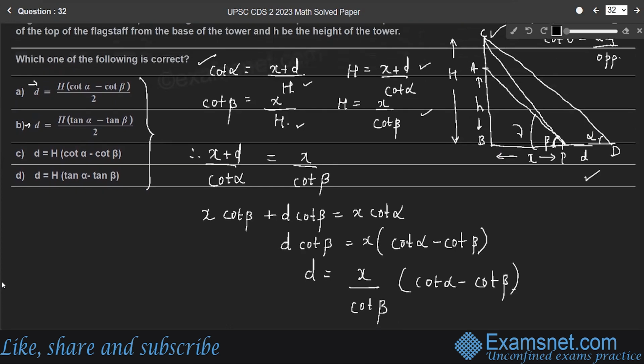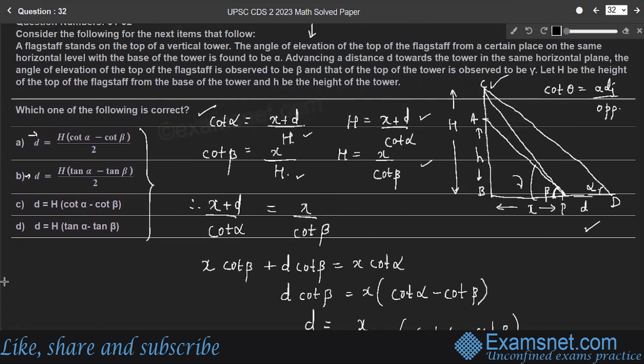So here what is x by cot beta? So the value x, right? So this is the distance. Cot beta, angle beta is here, right? Since cot beta is equal to adjacent side x by the opposite side h, we have already taken, right? So x by cot beta is capital H, right?